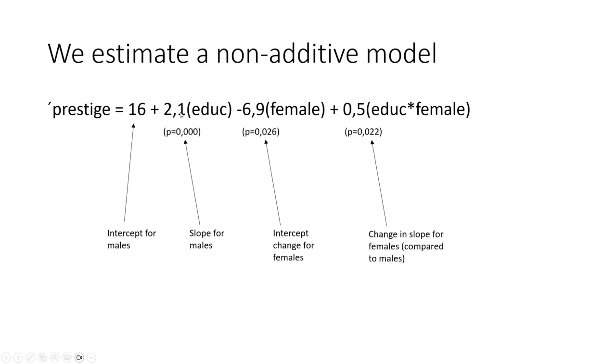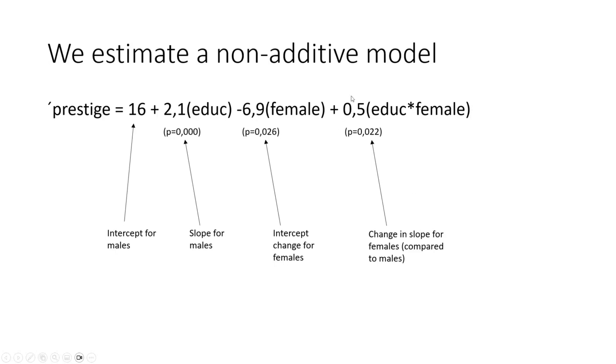We actually saw 2.1 earlier, remember, when we did it for the groups separately. This is the intercept change for females. So if this is the intercept for males, 16, this is the change in the intercept for females compared to males. And the difference is statistically significant.